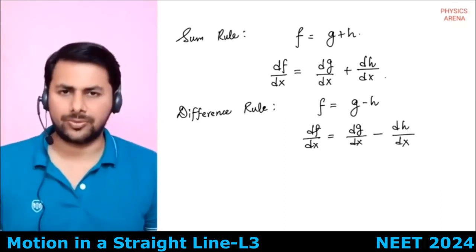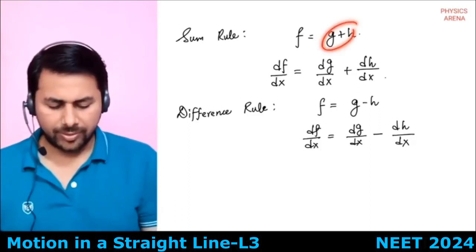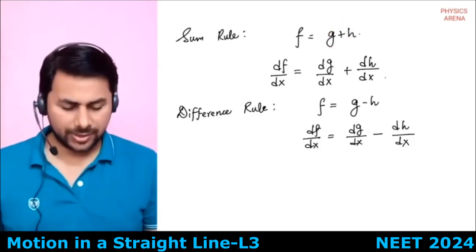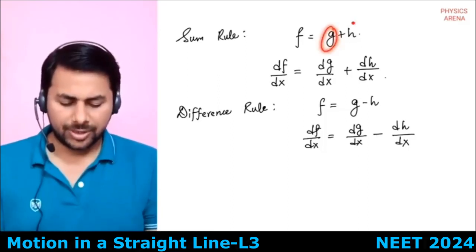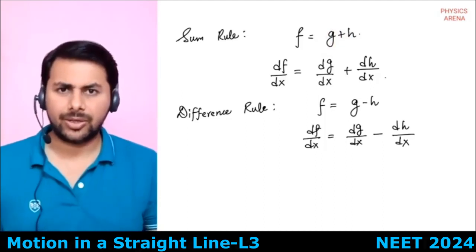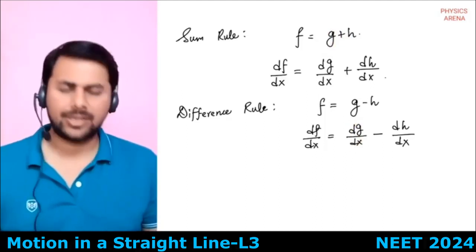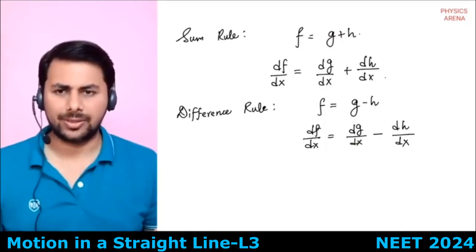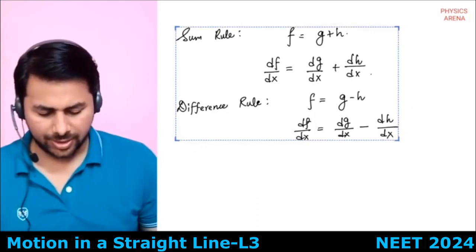This is the difference rule, right? So the derivative of a sum or difference of two functions is equal to the derivative of the first function plus the derivative of the second function if you have a sum, and the derivative of the first minus the derivative of the second if you have a difference. This is like common sense. There is nothing in these rules.